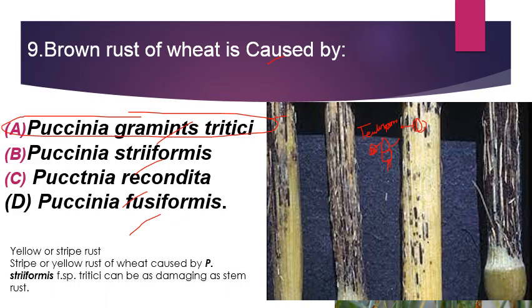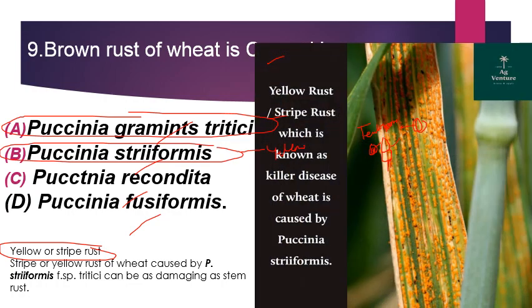The next is yellow or stripe rust. Yellow or stripe rust that is caused by the Puccinia striiformis. So this is the photograph. So this yellow stripe rust which is known as a killer disease of wheat which is caused by Puccinia striiformis.